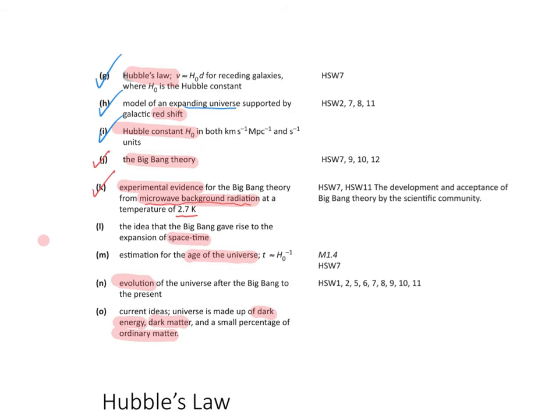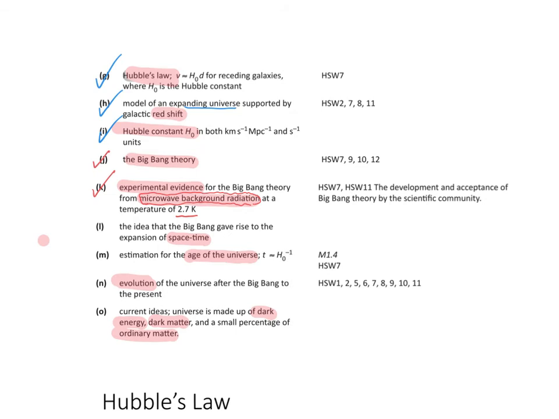That's very, very important. Also, you need to talk a little bit about the development and acceptance of the Big Bang theory by the scientific community. The fact that nothing else could explain the microwave background radiation compared to the Big Bang theory, and the evidence that could support the Big Bang theory are stronger and accepted by the scientific community.